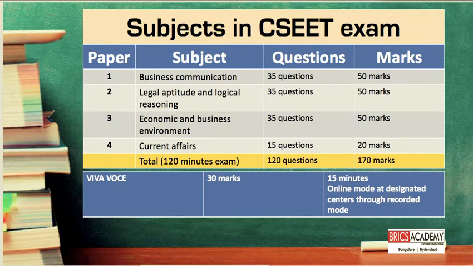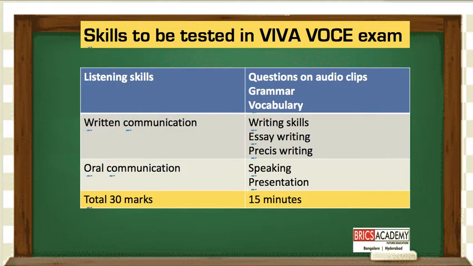You will have the following subjects in viva voce. One is that the viva voce exam is conducted to test your listening skills. Under listening skills, you have got questions on audio clips. I mean, an audio clip will be given to you and questions would be asked on that. Grammar will be tested, vocabulary will be tested. Under written communication, you've got writing skills, you've got essay writing skills, and you also have something called oral communication, where your speaking and presentation is going to be tested.